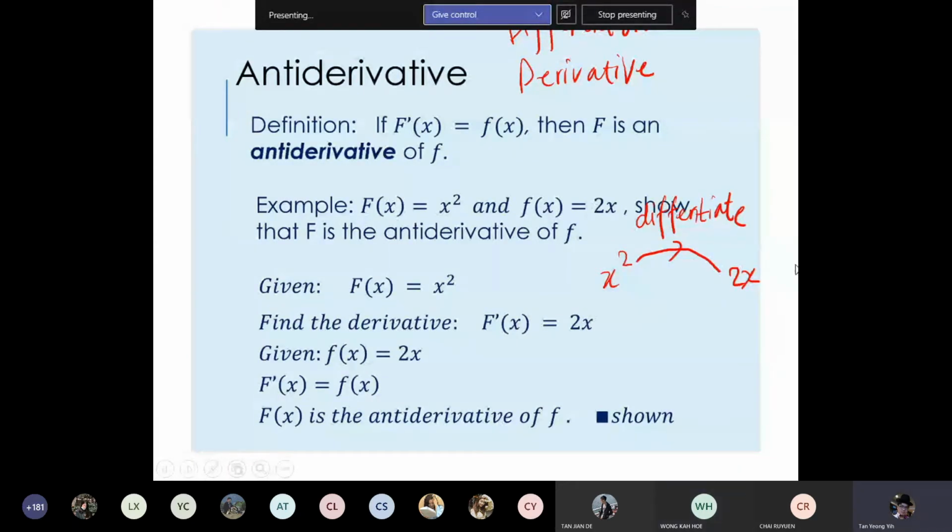Now what is derivative? This is called derivative. The derivative is a noun for the product we get. The process is called differentiation. Is that okay? Now, we are going to learn about antiderivative today.